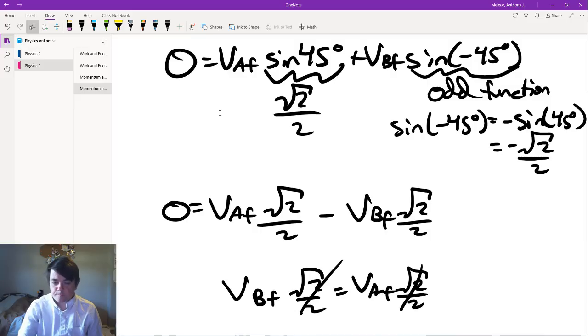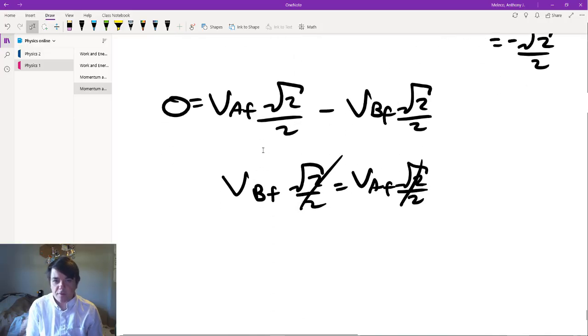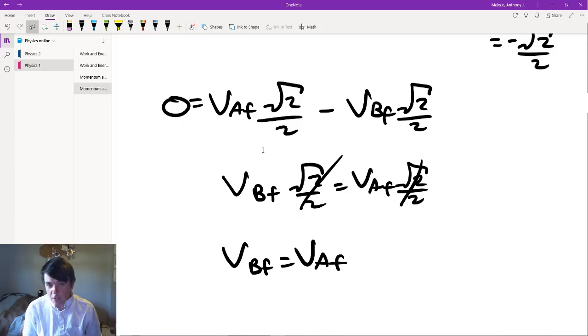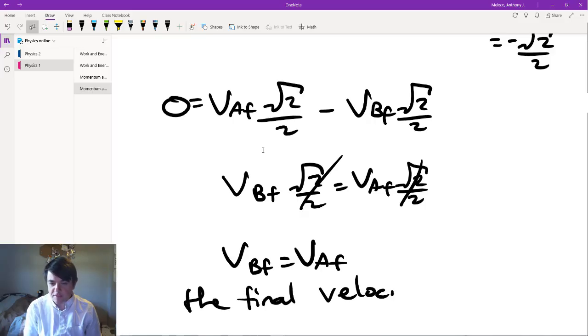These cancel, and what we're left with is VBF equals VAF. And so that means that the final velocities are the same. We don't know what they are yet, but they're the same.